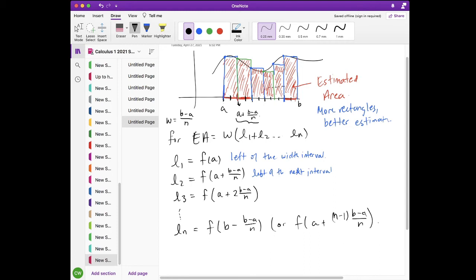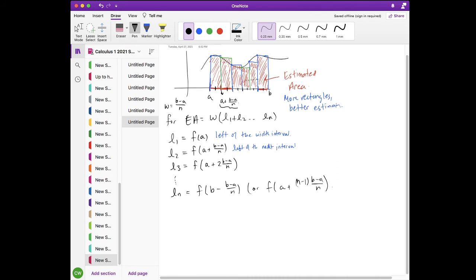So if you want a strict formula, the estimated area is going to be W times f of a plus f of a plus w plus dot dot dot f of, you can say, b minus w.